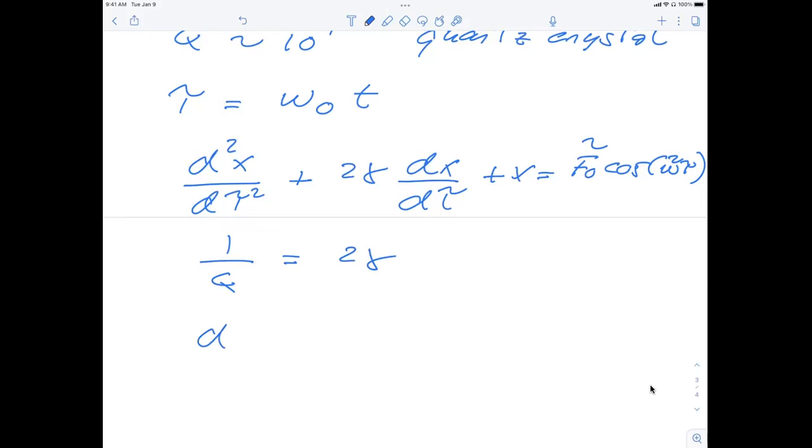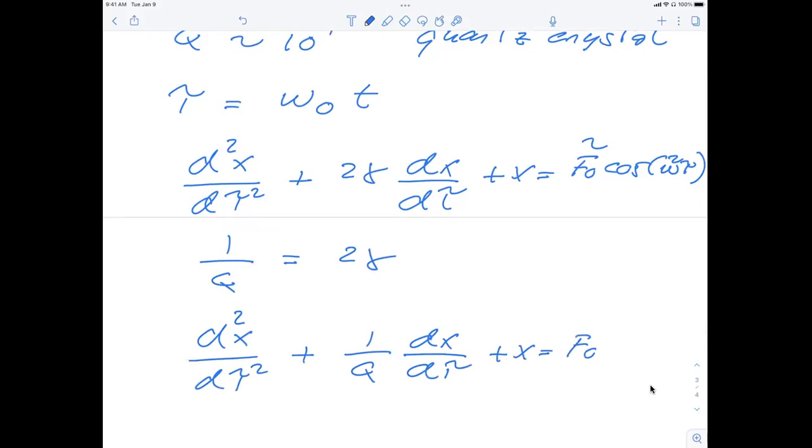And you will see this equation in many textbooks written in the following form: plus 1 over Q of dx/dτ plus x is equal to f0 cosine of omega tilde times tau. And often you would simply rewrite this in terms of a force f of tau. This is a pretty common way of rewriting this equation.